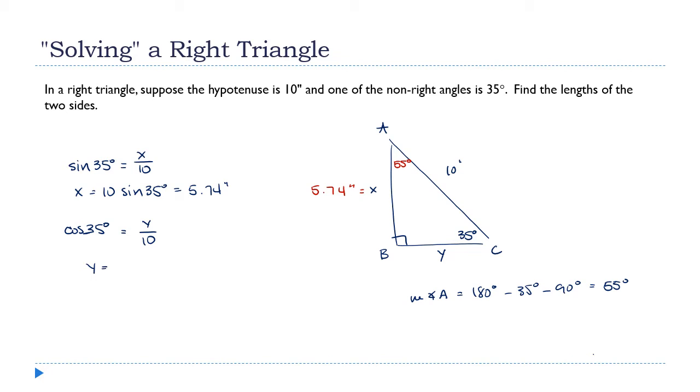So y is equal to 10 cosine 35 degrees, which is 8.19 inches. And that is my third side. That's what I was asked to find. I've filled in the two missing side lengths in this triangle.